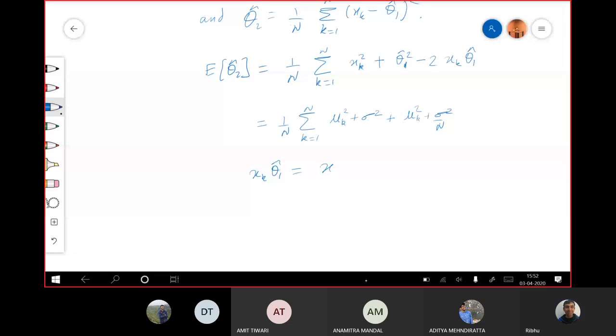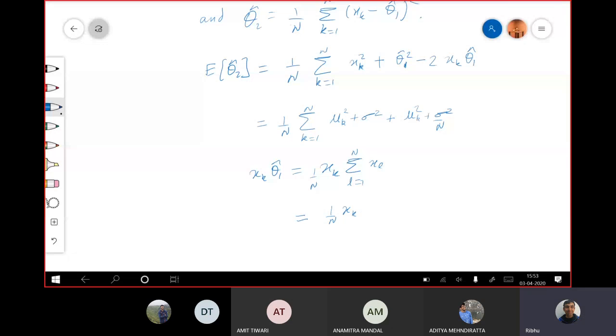Fine. Equals 1 upon n summation xk square plus summation k equal to 1, l equal to 1 to n, l not equal to k, xk xl.